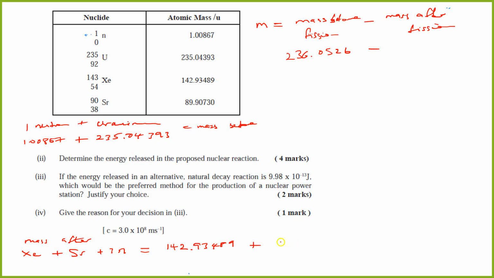Plus Sr, which is 89.9073, plus 3 multiplied by 1.00867, and all of these, the units are obviously U, atomic mass unit. So let's just add up these numbers now, all right?